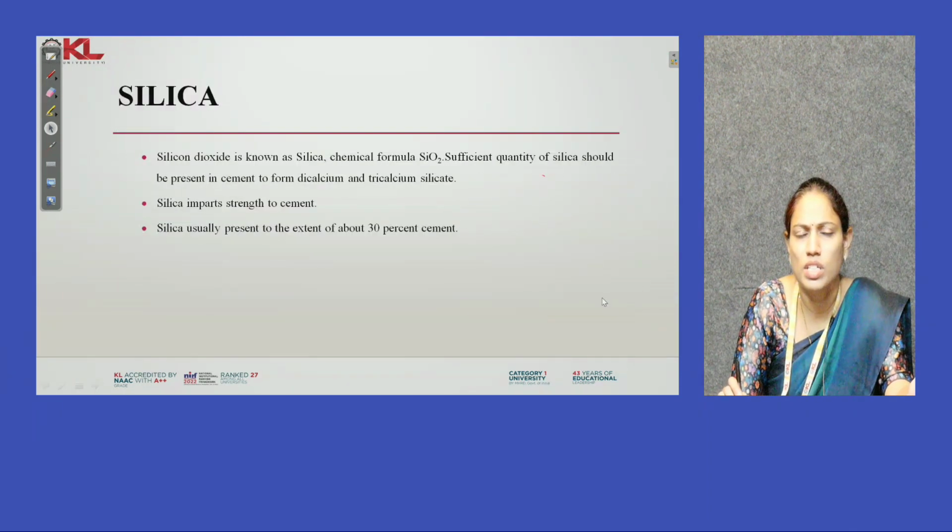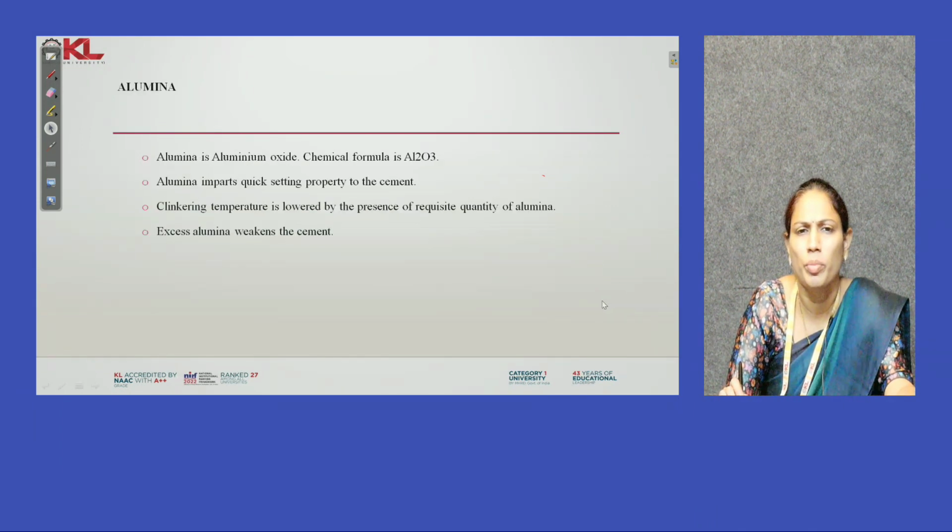Silica, which is silicon dioxide, imparts strength to the cement and should not be present to the extent of more than 30% in the cement. Alumina imparts quick setting properties to the cement, lowers the clinker temperature, and is required in a limited quantity.